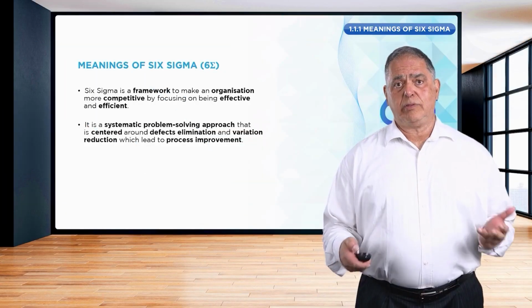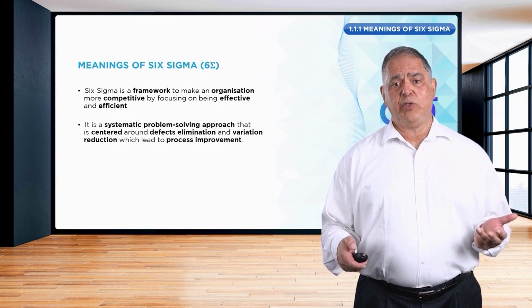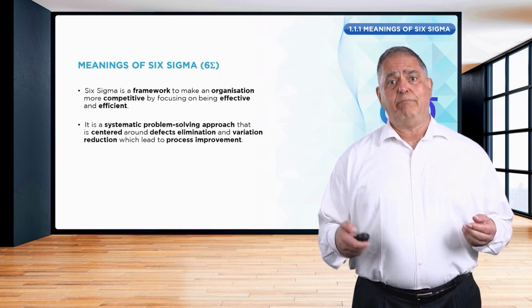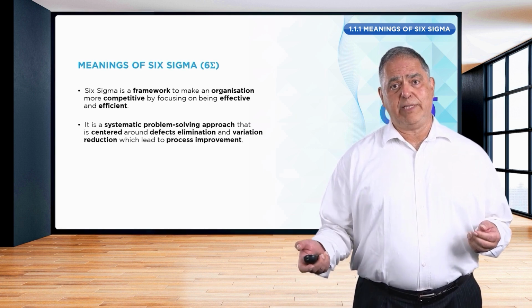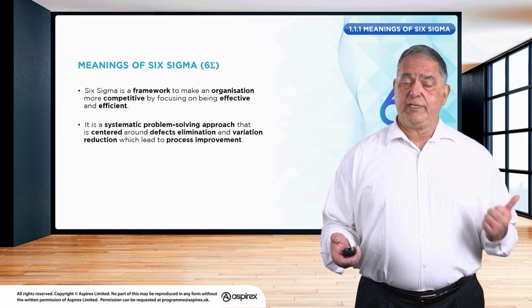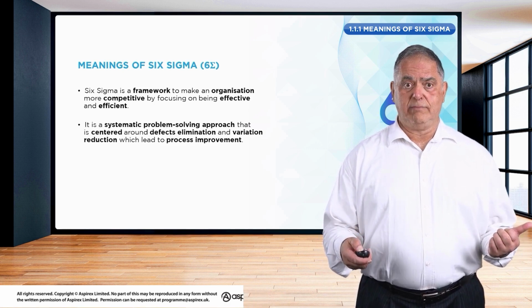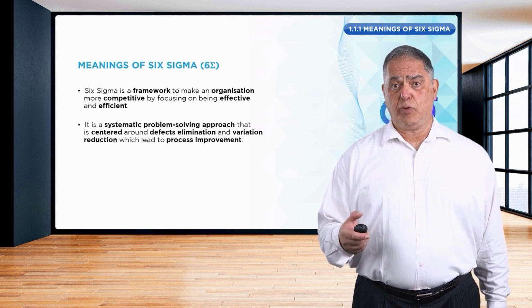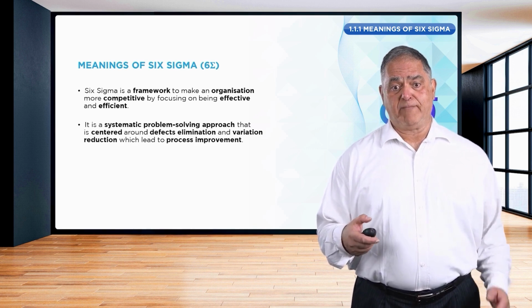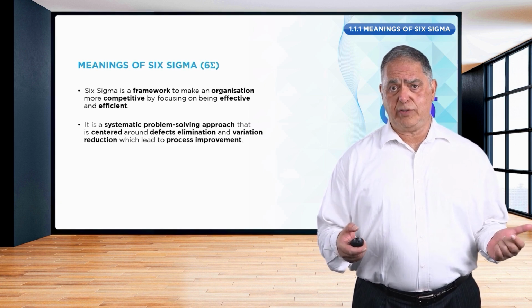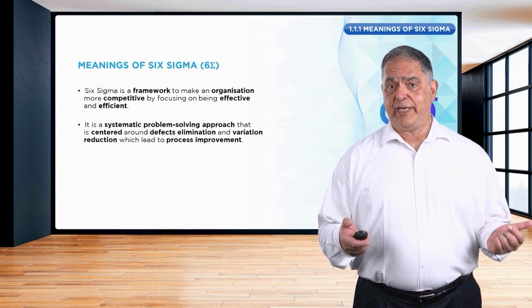All in all, it is a framework that is used in order to make an organization more competitive by making the people working in the organization work more efficiently and more effectively. It is a very systematic problem-solving methodology that is centered on defect elimination as well as variation reduction.